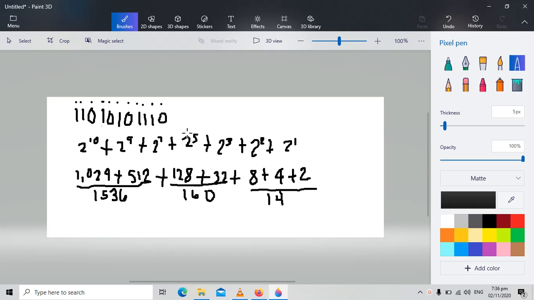Now we have all the numbers right here, so let's try again to solve. 1536 plus 160 plus 14 is equal to 1710. We have the binary number here.